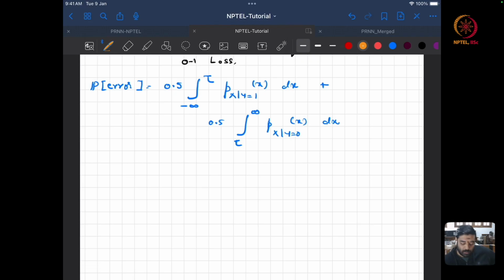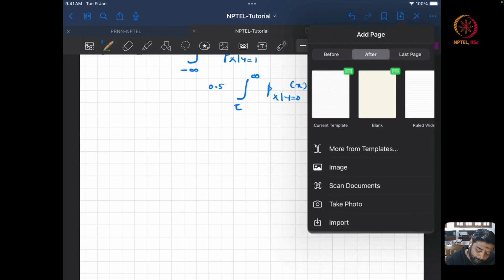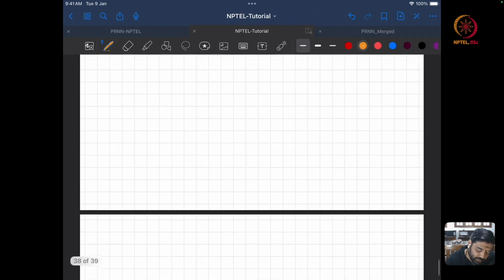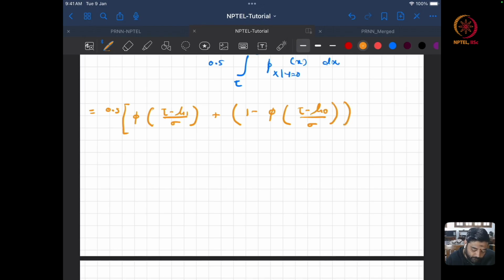These are Gaussian, so you can substitute, and we can immediately see that this turns out to be 0.5 times phi of (tau minus mu1) divided by sigma, plus 1 minus phi of (tau minus mu0) divided by sigma.